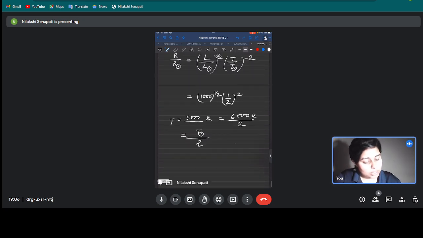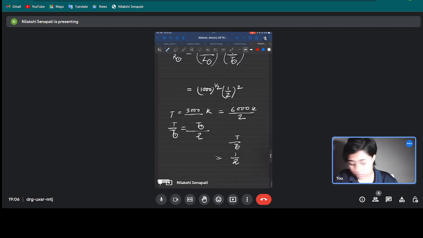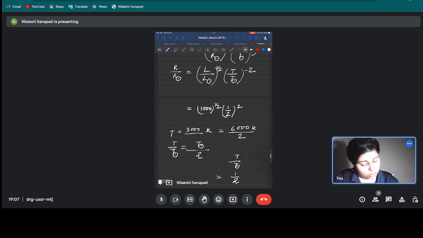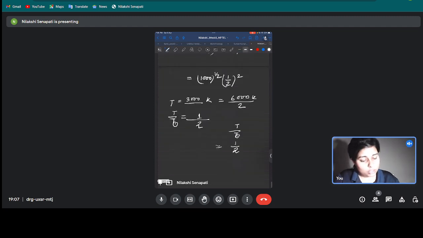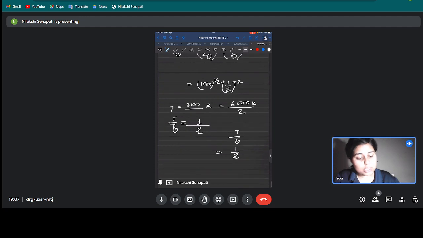So T by T sun is equal to 1 by 2, raised to the power minus 2. So you have everything now. You can calculate R by R sun. Just you need to solve this.